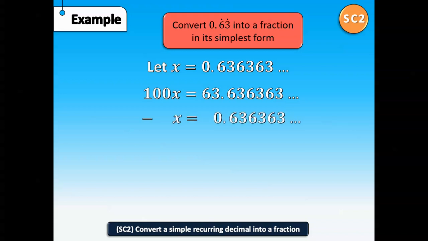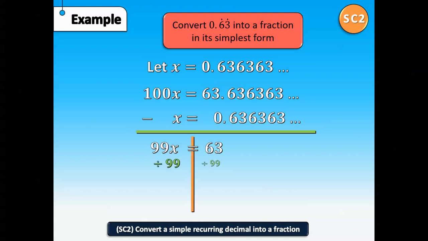Take these away from each other, 100x take away x, that would be 99x, and 63.63 recurring take away 0.63 recurring would be 63. So 99x equals 63. That means if we divide both sides by 99, x equals 63 over 99. Now we need to make sure this fraction is in its simplest form, so we can simplify to 7 over 11.